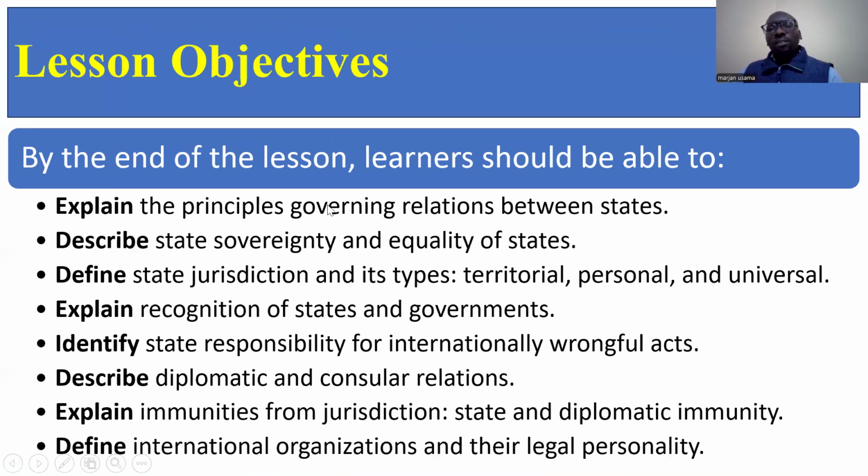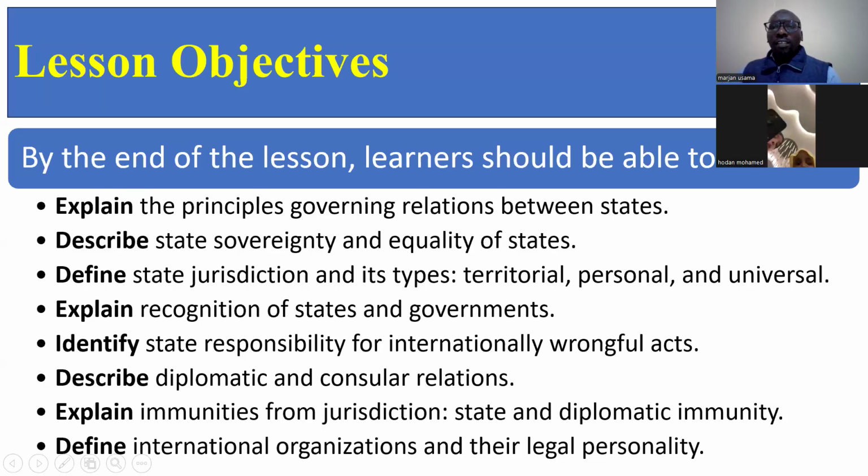By the end of the lesson, learners should be able to, number one, explain the principles governing relations between states, describe state sovereignty and equality of states, define state jurisdiction and its types, explain recognition of states and governments, then identify state responsibility for internationally wrongful acts, then describe diplomatic and consular relations, then explain immunities from jurisdiction, and finally define international organizations and their legal personality.